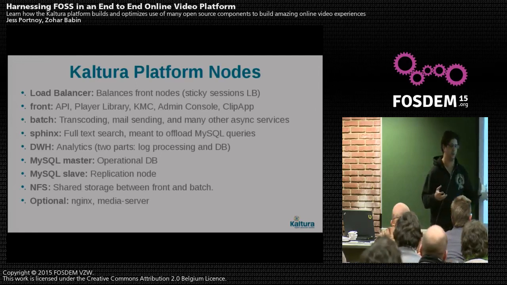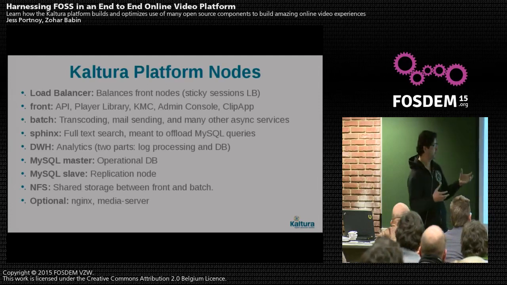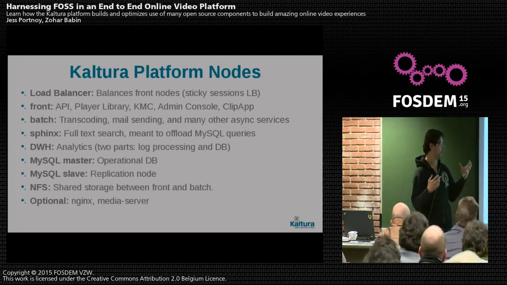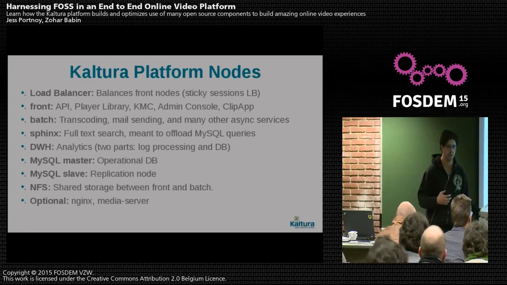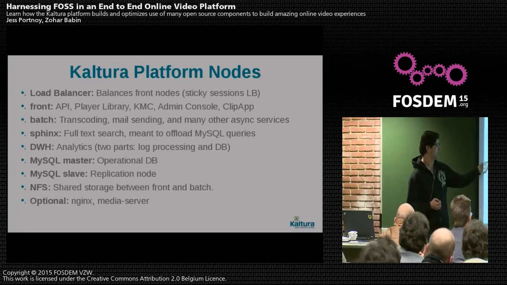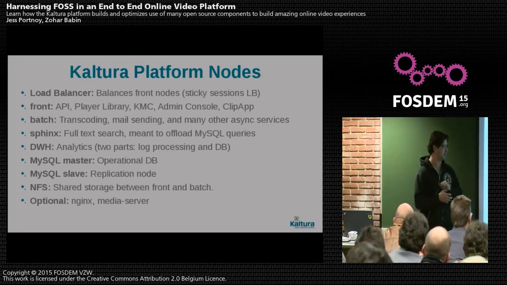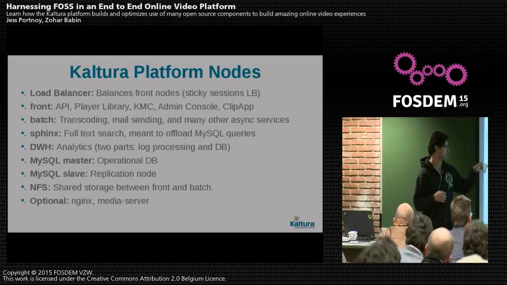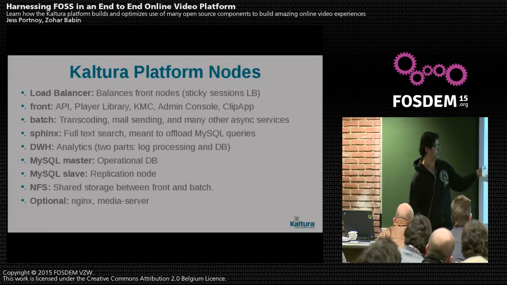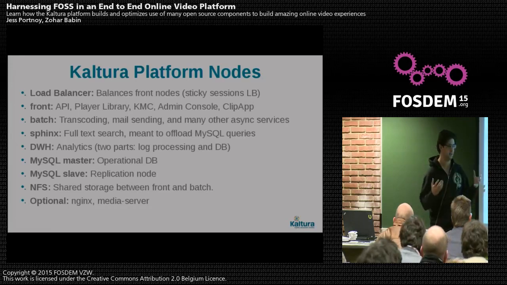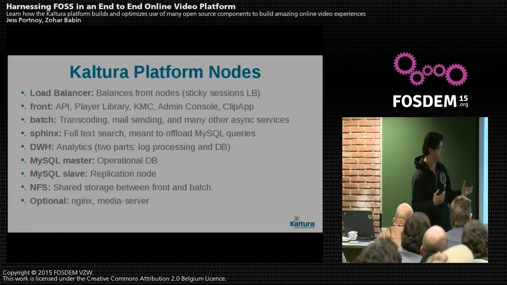Batches are asynchronous systems that are basically running things like transcoding or notifications or email sending. Sphinx, which is a full text search indexing server, it's an open source component. DWH, which is the analytics environment. It's basically used for log processing and database for both VOD and live.